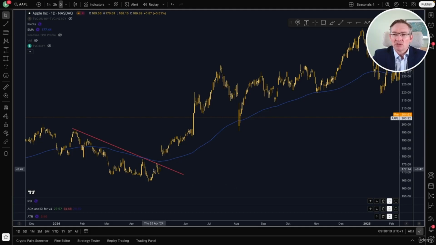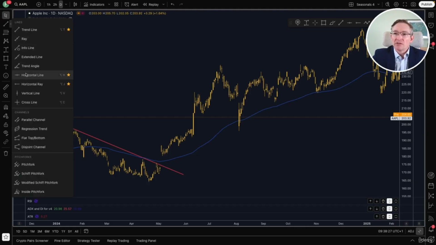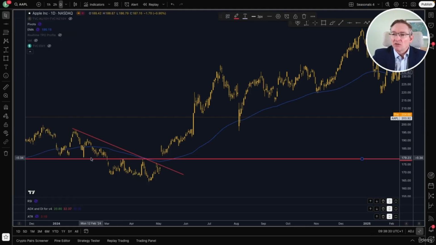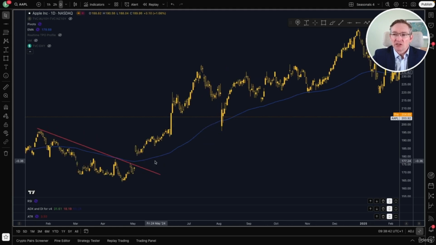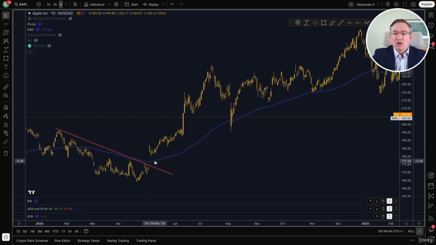It's gapping out of a trend line in this instance, but you could also say it's gapping out of this near-term range. You might have looked at it in a slightly different way and said, look at that range we're in here, from 177 down to the 166. We've got one test, two tests. Oh, look, we've broken away out of that range. And could this be the start of a new trend?